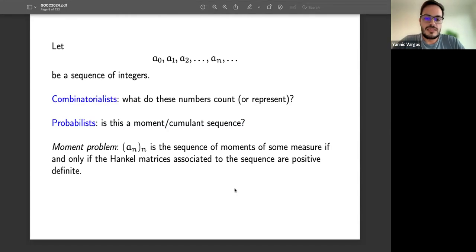You just have to look at the Hankel matrices associated to the sequence, essentially a sequence of matrices constructed from the sequence, and check whether they are positive definite. Then you will know if this sequence is a sequence of moments or not.